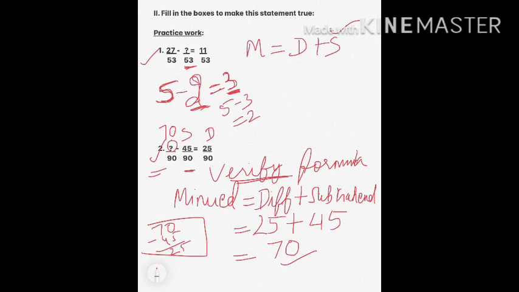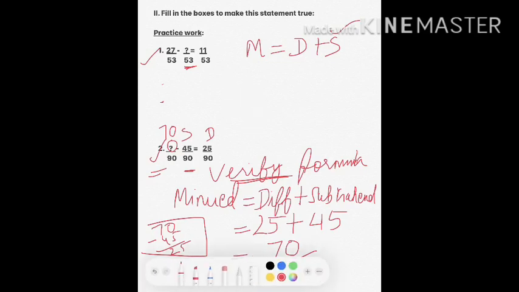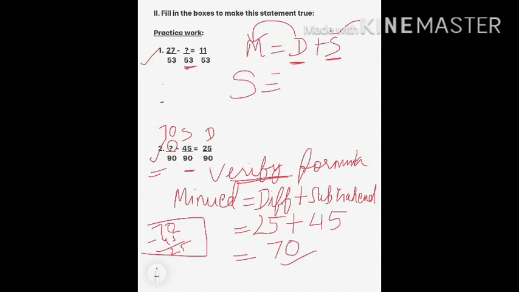So this is the way of finding a subtrahend. That means what you have concluded from here? That means if you will subtract difference from the minuend, you will get what? Subtrahend. So subtrahend will always be equal to minuend minus difference. So what is the minuend here?